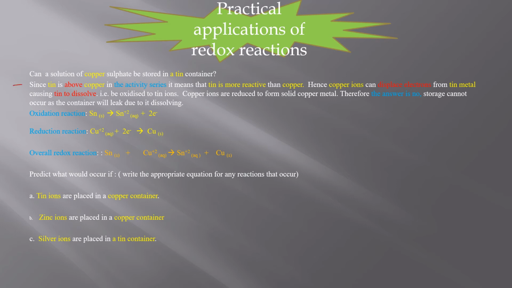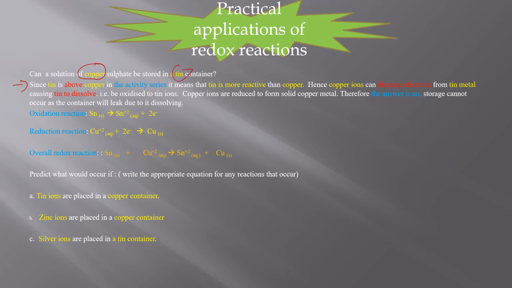So, following on with what it says, since tin is above copper in the activity series, it means tin is more reactive than copper. Hence, copper ions can take electrons from the tin metal, causing the tin to dissolve. Note what that said just then. You look at your reactivity series, it's copper sulfate, so copper is the metal part we're interested in.